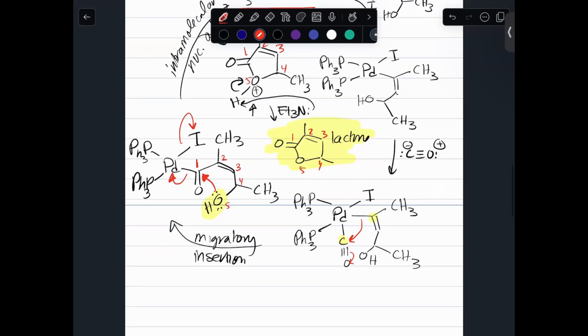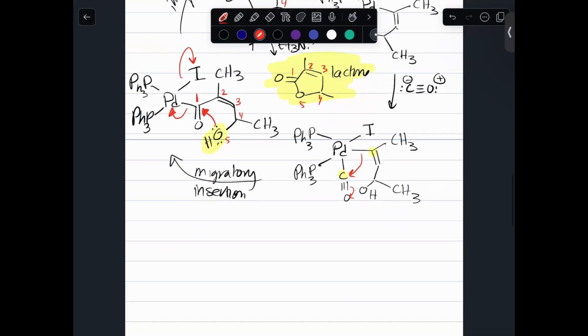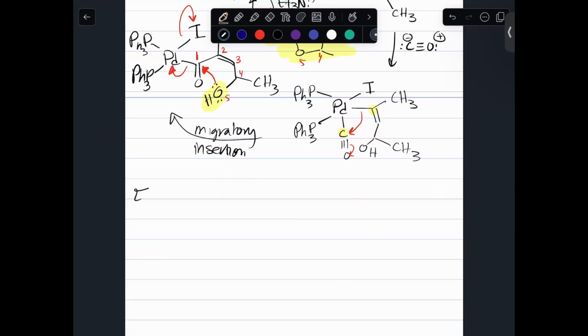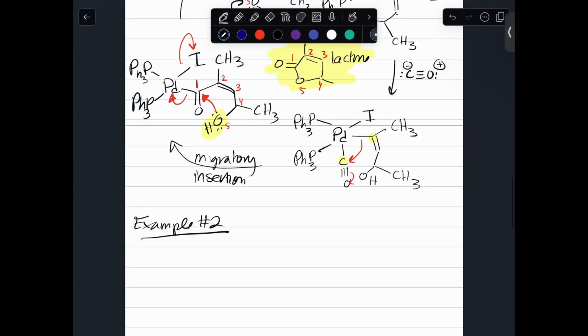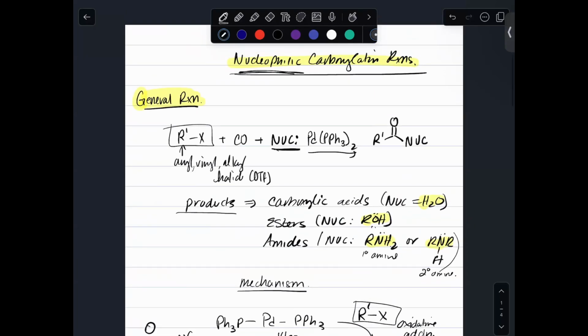Let's do another example. Now, this example can feel a little tricky because I previously mentioned that, hey, for these nucleophilic carbonylation reactions, these are really popular for carboxylic acid formation, esters, and amides, right? But you can pretty much use anything as a nucleophile.